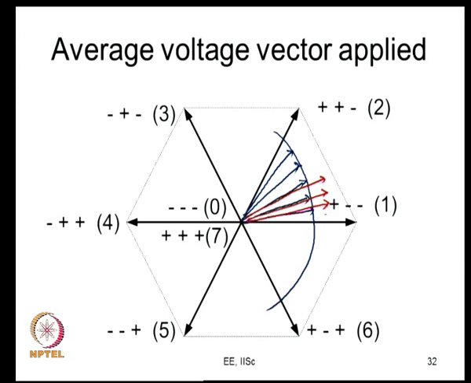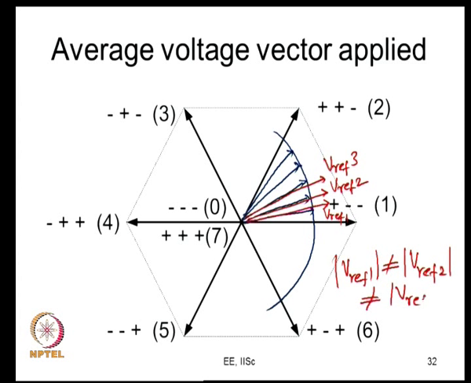Let us call these Vref 1, Vref 2, Vref 3. Now, the magnitude Vref 1 is not equal to the magnitude Vref 2 and that is not equal to magnitude Vref 3. This is because of overmodulation. This is what our analysis shows.